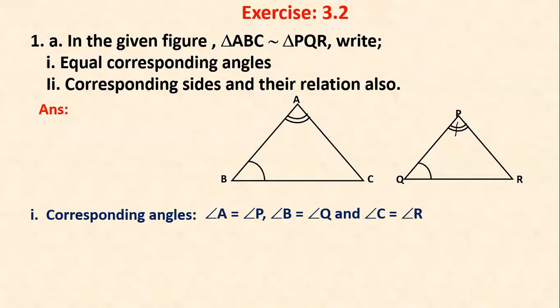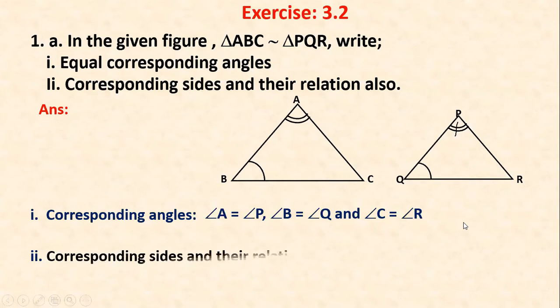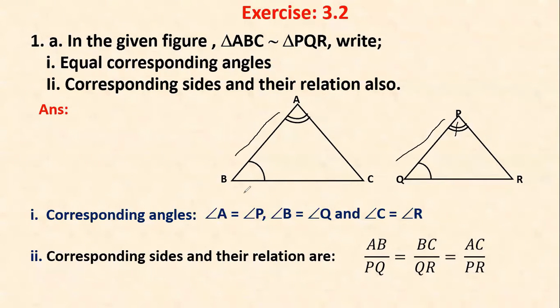Proportional, not equal. So how to write proportional? Look here, please, this is most important: corresponding sides and their relation are AB by PQ, and BC by QR, then AC by PR. Are you clear here? Any confusion? Good.